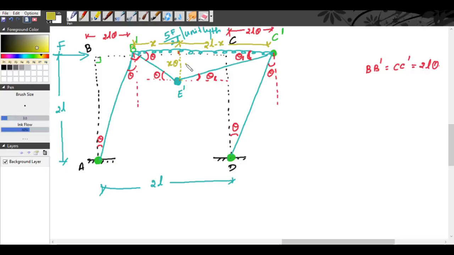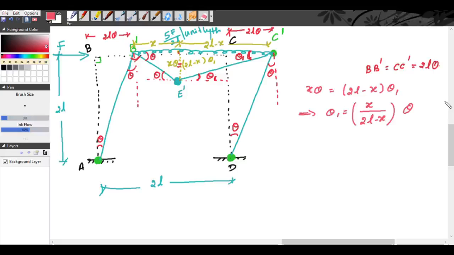So this distance is also equal to 2L minus x into theta 1. Both are same. So we know x theta is equal to 2L minus x into theta 1, from which we get theta 1 is equal to x by 2L minus x into theta.